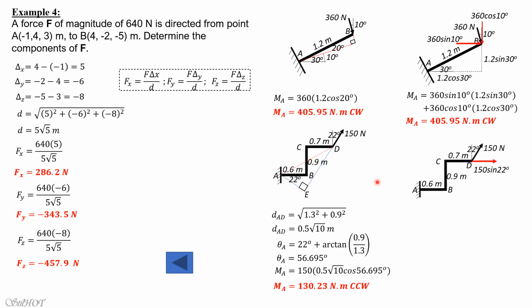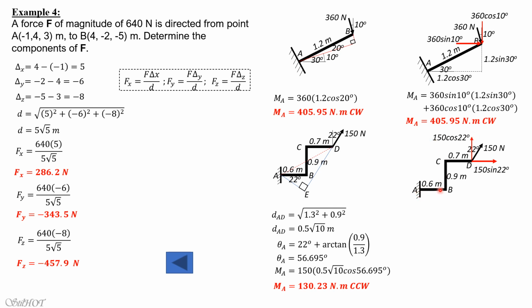Then by Varignon's theorem, let's resolve it into components. This is 150 sine of 22. The vertical component is upward, 150 cosine of 22. The moment of 150 cosine 22 is counterclockwise about A, while the moment of 150 sine 22 is clockwise about A. So let's write 150 cosine 22 first.